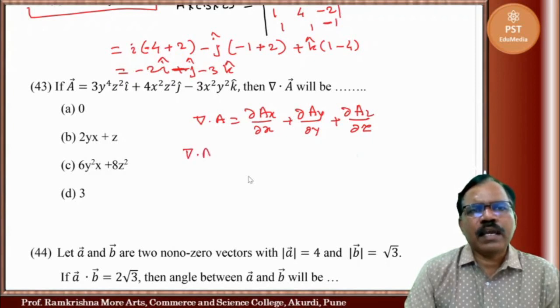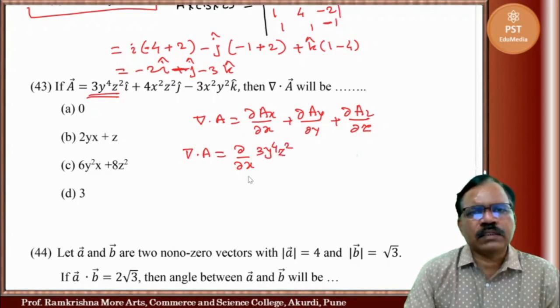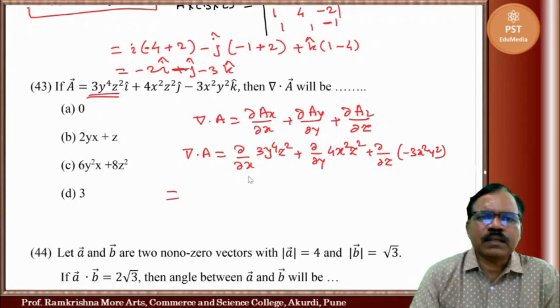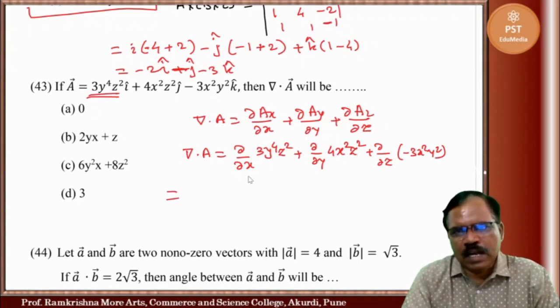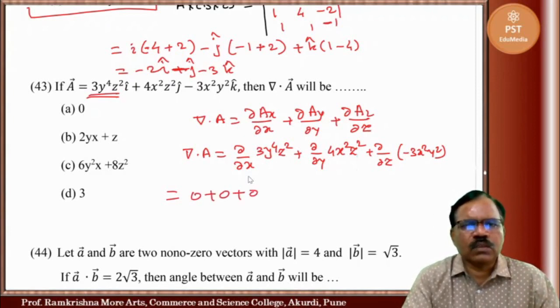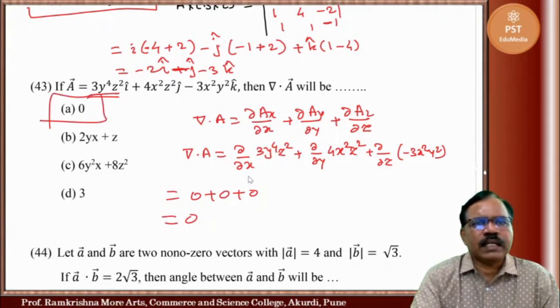So del dot a will be equal to del by del x of 3y raised to 4 z squared plus del by del y of 4x squared z squared plus del by del z of minus 3x squared y squared. Now see here, in the first term there is no x, in the second term there is no y, in the third term there is no z. So you will get 0 plus 0 plus 0, so it is 0. So this one is correct.